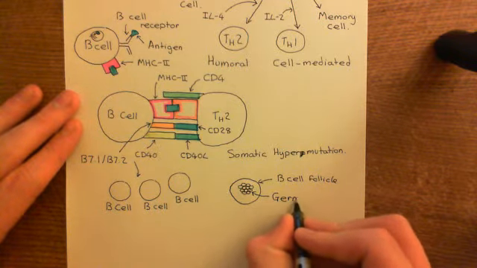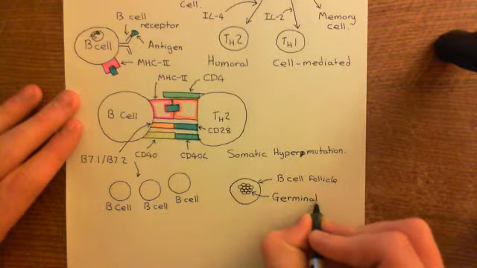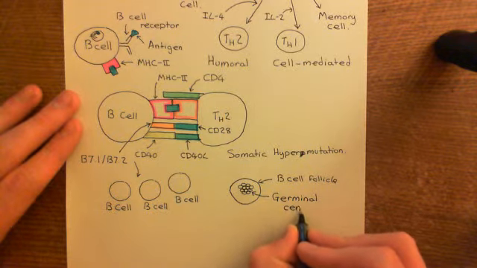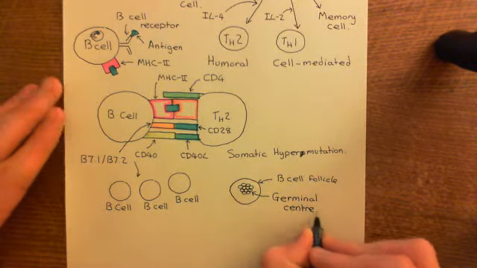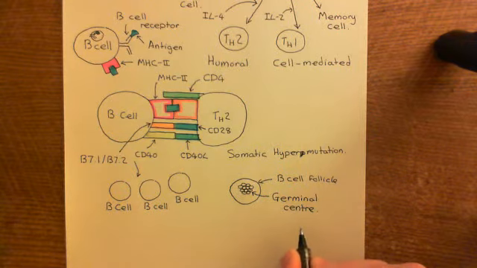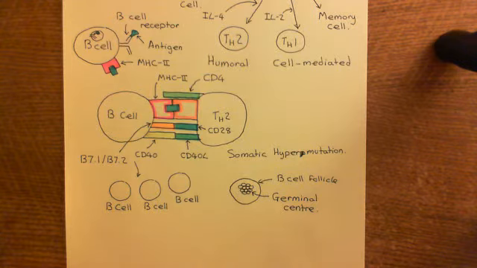So a germinal center is this collection of B cells which have all been formed by the division of a single B cell which has been activated because it's actually found its antigen. Now all the cells in this germinal center will not have identical B cell receptors. Instead, they'll all have slightly different B cell receptors.